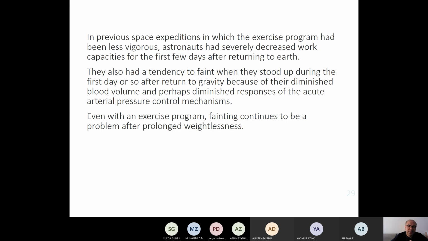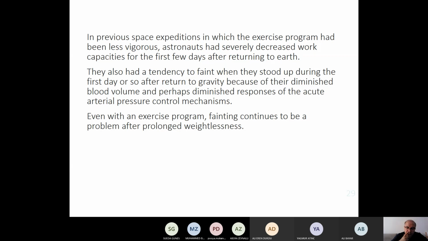In previous space expeditions in which the exercise program had been less vigorous, astronauts had severely decreased work capacities for the first few days after returning to the Earth. They also had a tendency to faint when they stood up during the first day or so after return to gravity because of their diminished blood volume and perhaps diminished responses of the acute arterial pressure controlling mechanisms we have learned earlier.